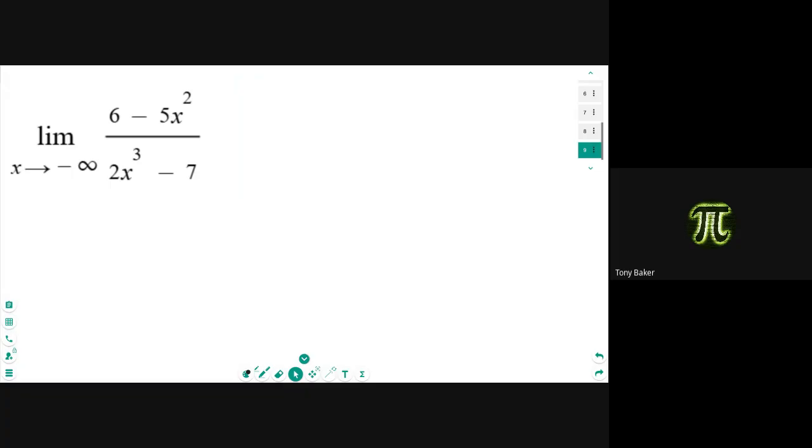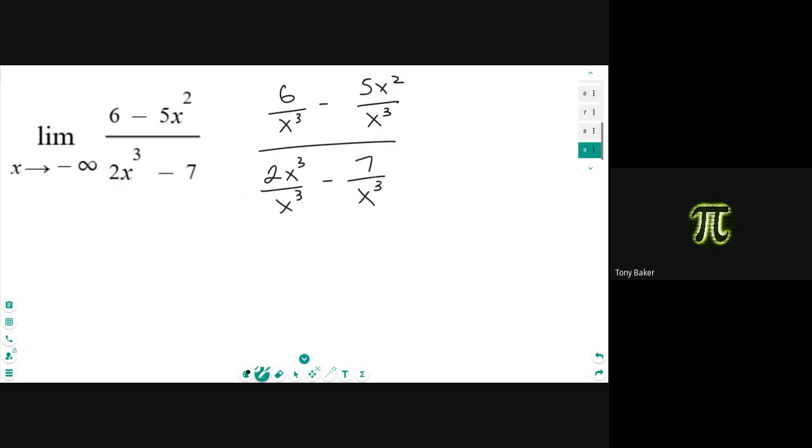Okay. So if I took this problem here and I said 6 over x to the 3 minus 5x squared over x to the third, over 2x to the third over x to the third minus 7 over x to the third, did I change the problem? No. I divided everything by the same thing, correct? Okay. So now I can simplify this a little bit.